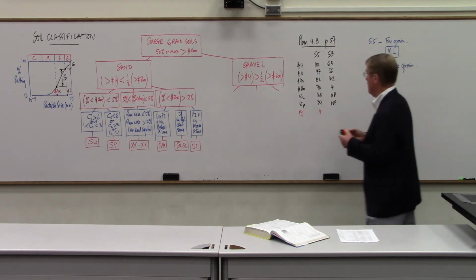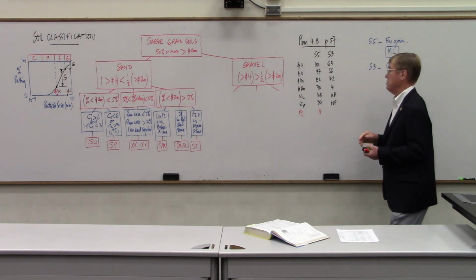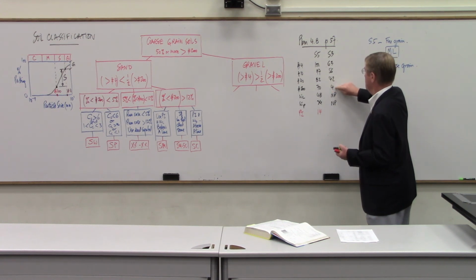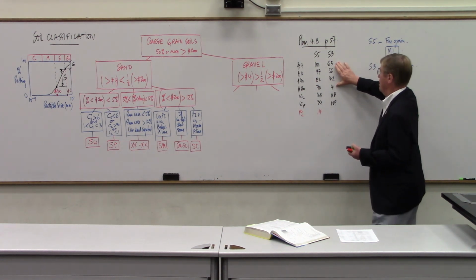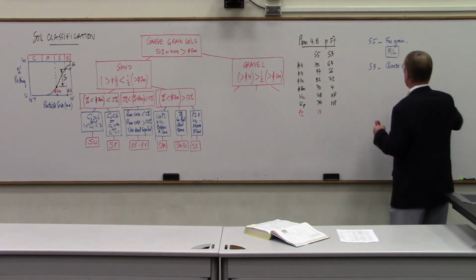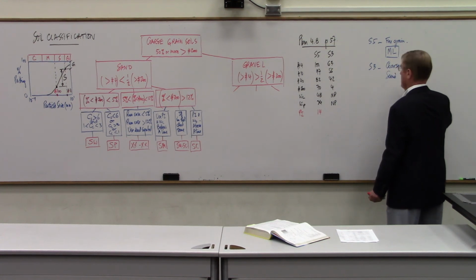Then you have to decide whether it's a sand or a gravel. And the easiest way is to actually plot the grain size curve. But if you look at it here, sand is between number 200 and number 4. So how much sand do we have? 63 minus 4. So sand fraction is 63 minus 4, 59%.